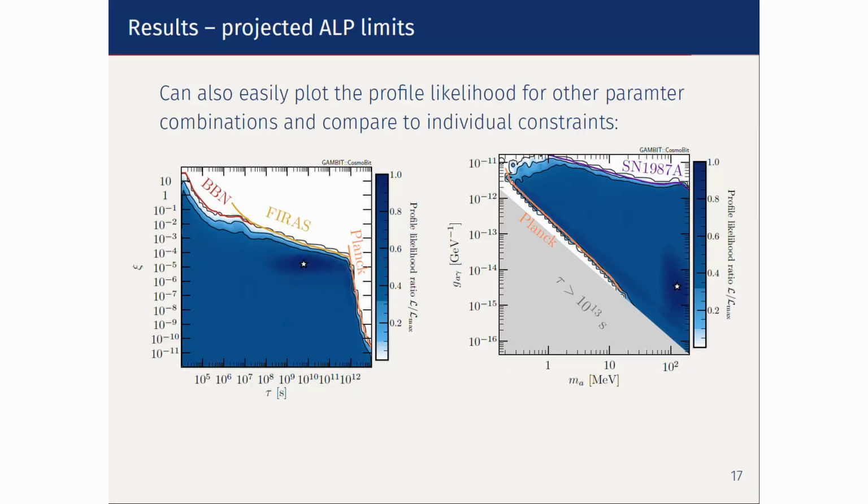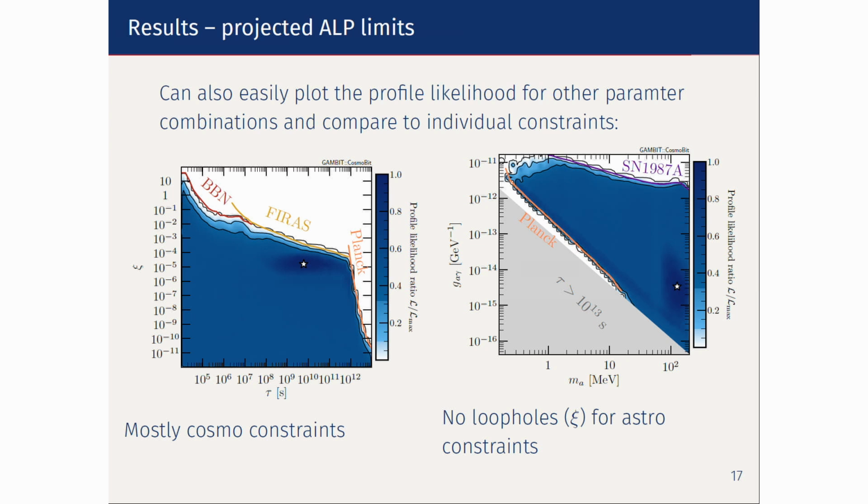it's very convenient to project them into different planes, depending on what kind of analysis you did. So, for example, this is a profile likelihood analysis, and if you look at the tau and the abundance plane, then it's quite easy to understand that here really the cosmological constraints play a role, since the abundance plays a role here.